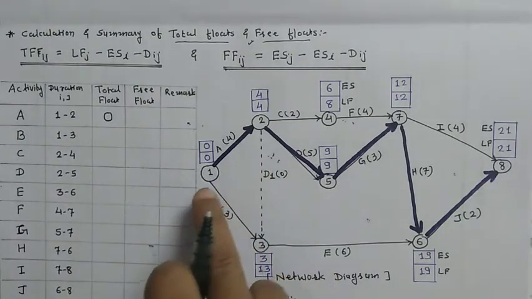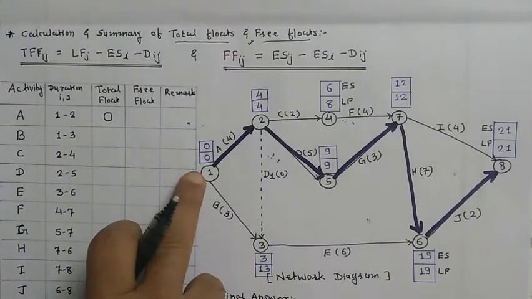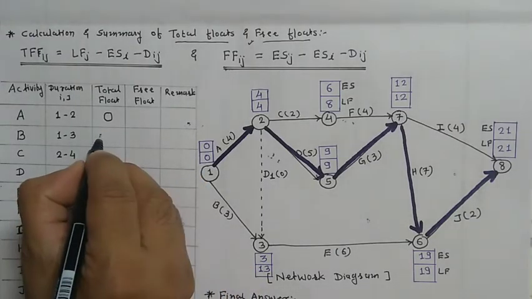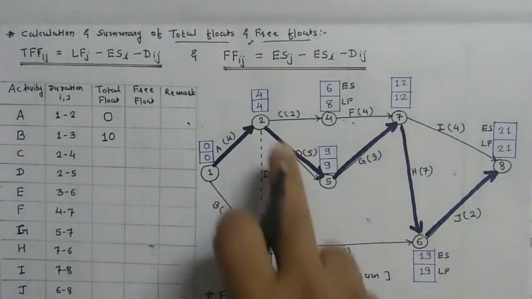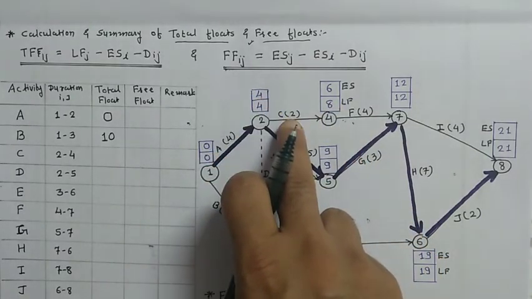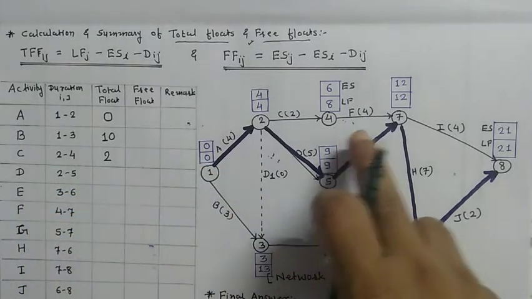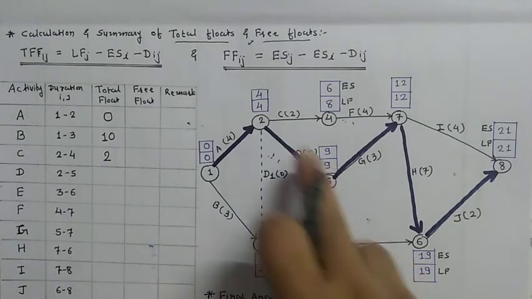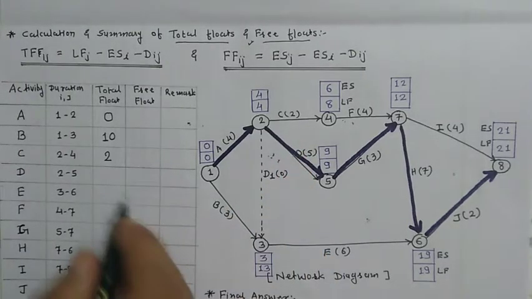Now for activity 1 to 3, latest finish time 13 minus 0 minus 3 is equal to 10. Now for 2 to 4, 8 minus 4, that is 4, minus 2 is equal to 2. Then for 2 to 5, 9 minus 4, that is 5, minus duration 5 is equal to 0.